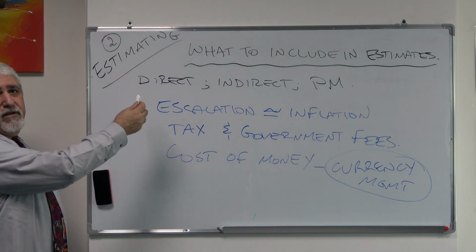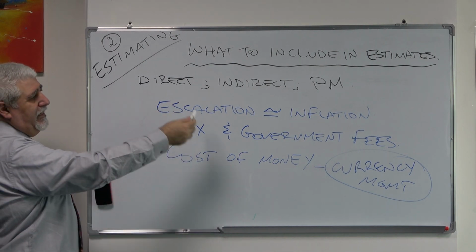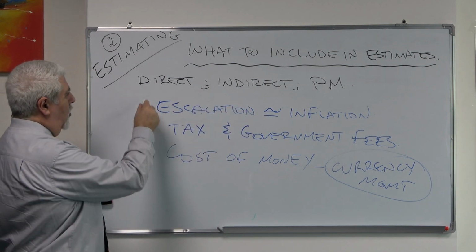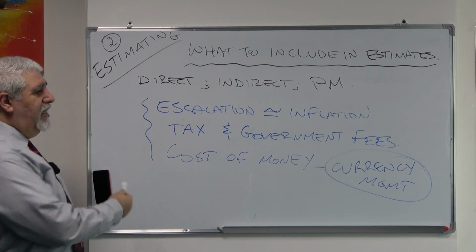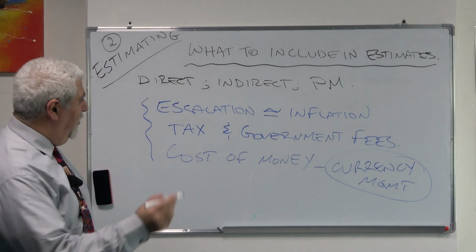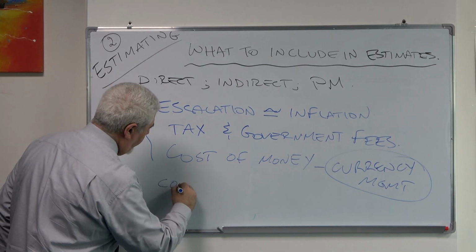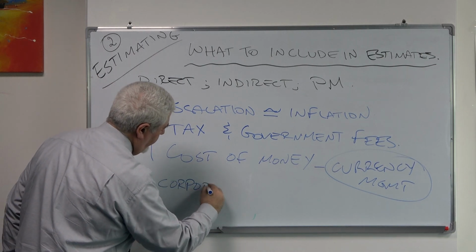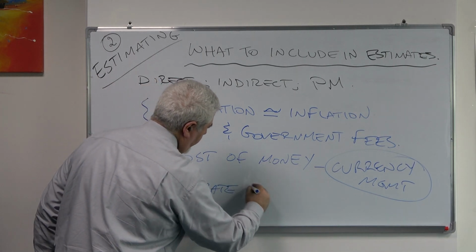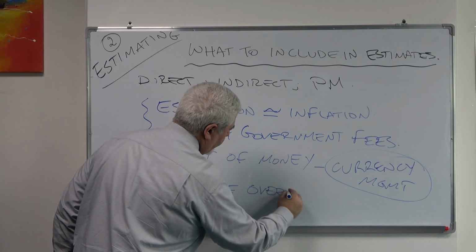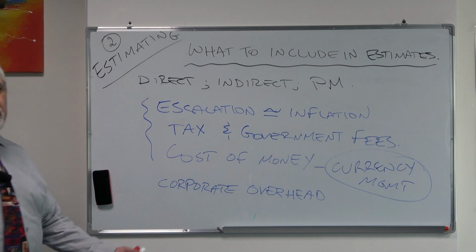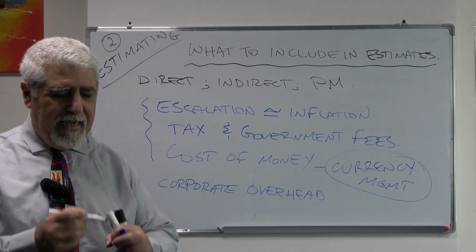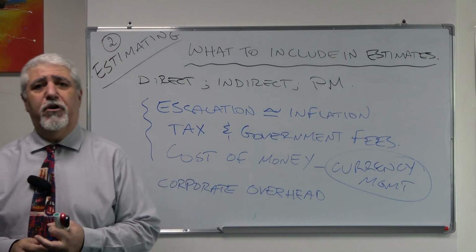So, just to summarize, we have direct, indirect, and project management costs. We add on this the escalation, the tax and government fees, the cost of money, and we might have what we call corporate overhead. Usually that could be 1% or 2% or 0.5%, depending on your organization and the type of work you do.